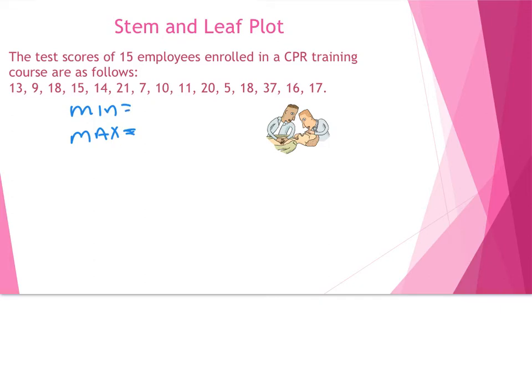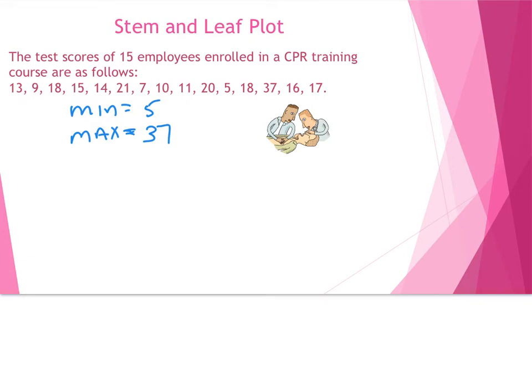So my smallest data value, my highest data value is 37. So I go from single digit numbers up to 37.